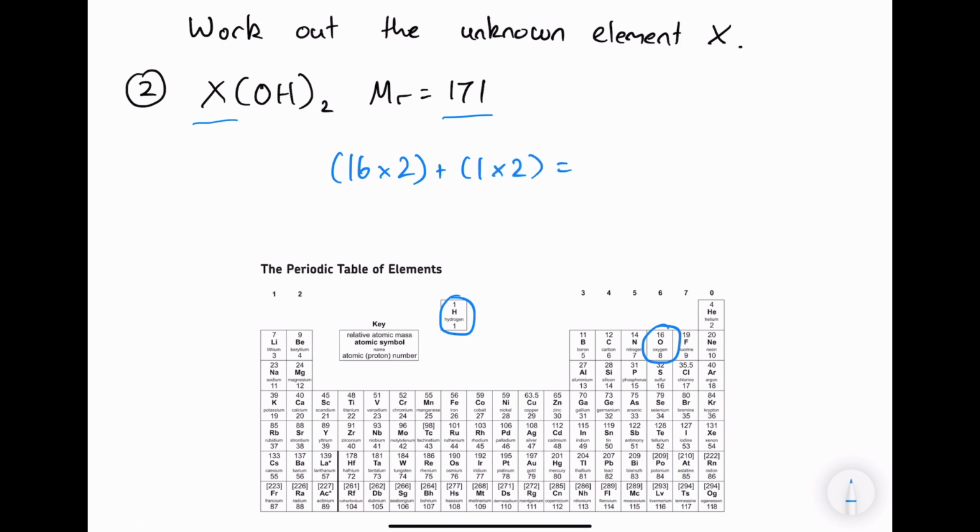And this will give us a total of 34. And then we do 171 take away 34, which gives us 137. Now we need to find an element with an Ar of 137, and it's here, barium. So the unknown element was barium.